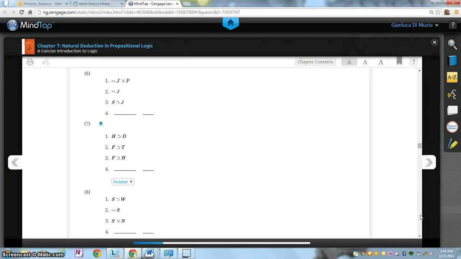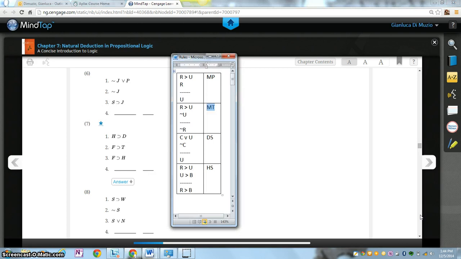So can you use 2 of those lines to take a step forward by using one of the rules? And obviously, because they're all conditionals, the only rule that you could possibly use is hypothetical syllogism, because that's the only rule that can put together 2 conditionals and get something out of them.